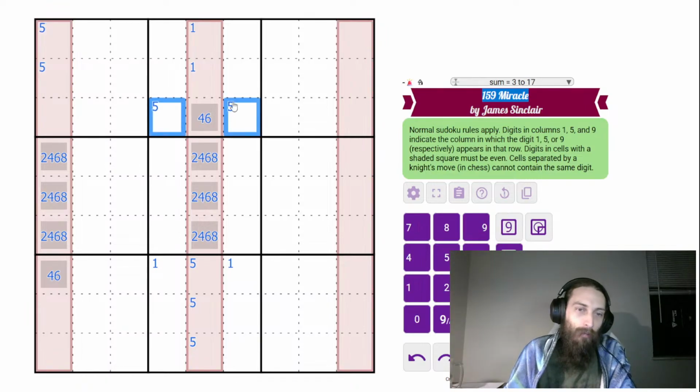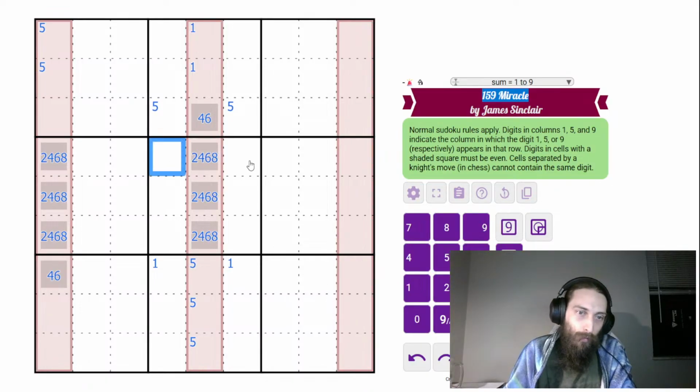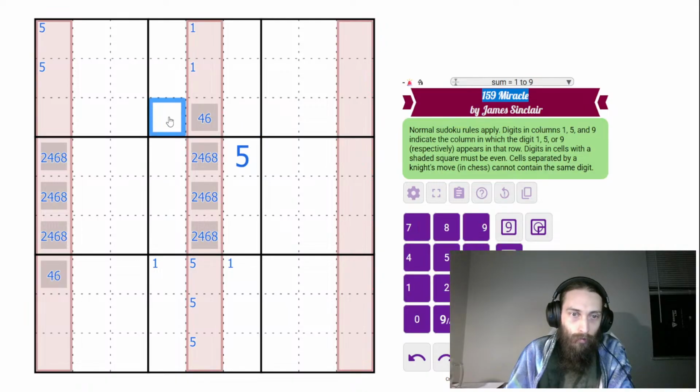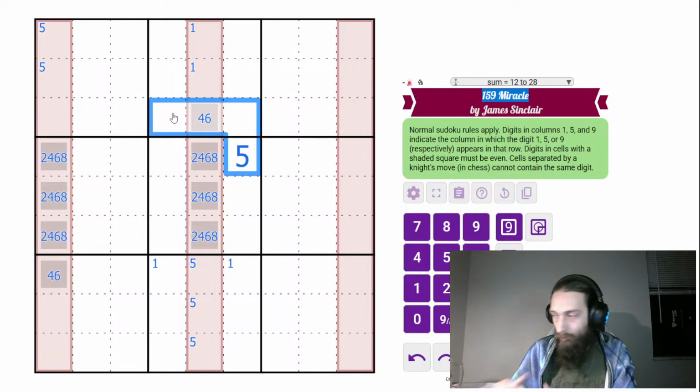Now, the 5 being here means this couldn't be 4 or 6. Because if it was 4 or 6, you'd have your 5 here. Now, let's say the 5 was this one. Because of Sudoku rules, that takes out those 5s, and anti-knight takes out this one. Because a knight in chess moves 1 square in one direction and 2 in the other, if we maintain the orthogonal directions.